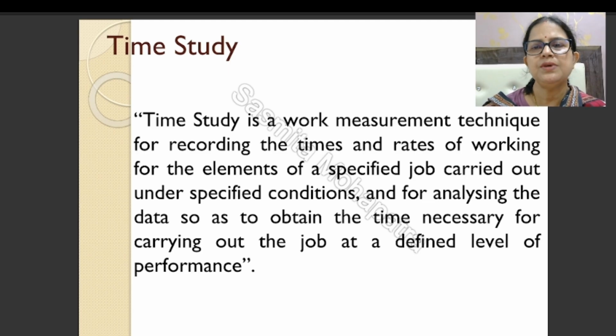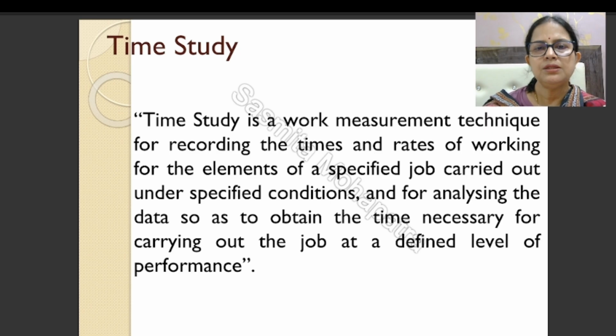Time study is a work measurement technique for recording the times and rate of working for the elements of a specified job carried out under specified conditions, and for analyzing the data so as to obtain the time necessary for carrying out the job at a defined level of performance.